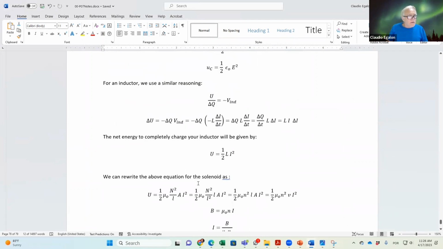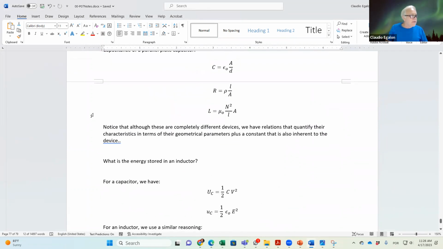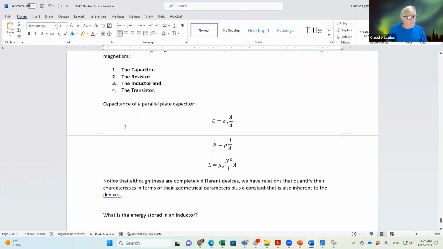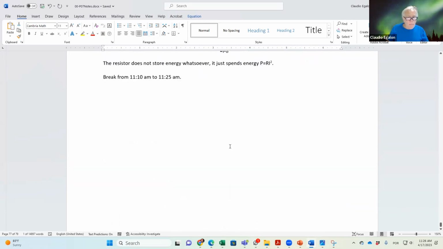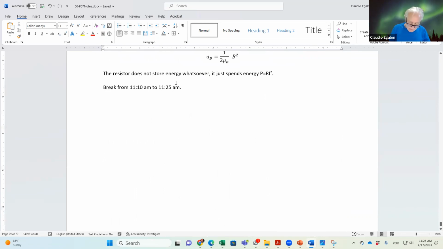There is the inductance. Now, the inductance is this new quantity that has a given unit. So let's take a look at the unit of inductance.